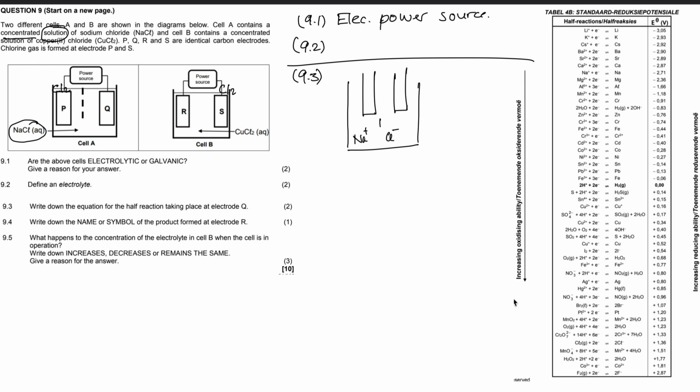So there's also H2O there. Now, the chlorine has already been accounted for. The chlorine is going here to electrode P. So let me just move that. The chlorine is going there and it is forming chlorine gas. So we don't need to worry about that. We need to think about, is the water or the Na plus going to go to Q?